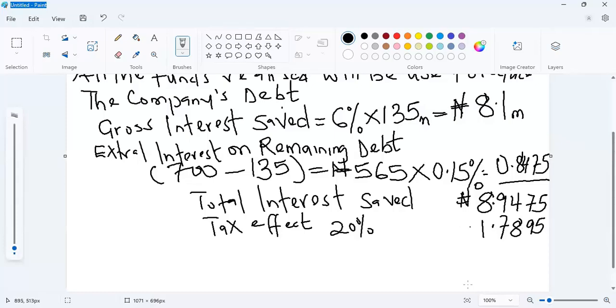You can now deduct this: 8.9475 minus 1.7895. You are going to have 7.158. This is called interest saved net of tax.